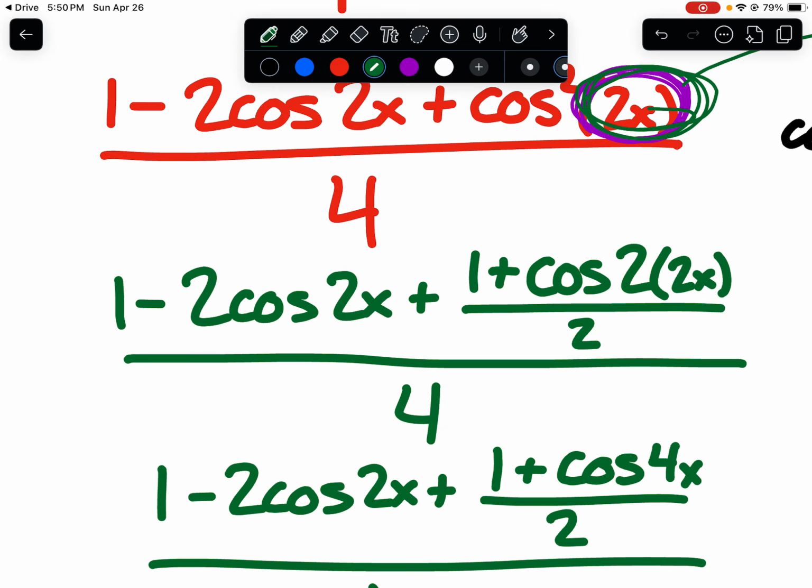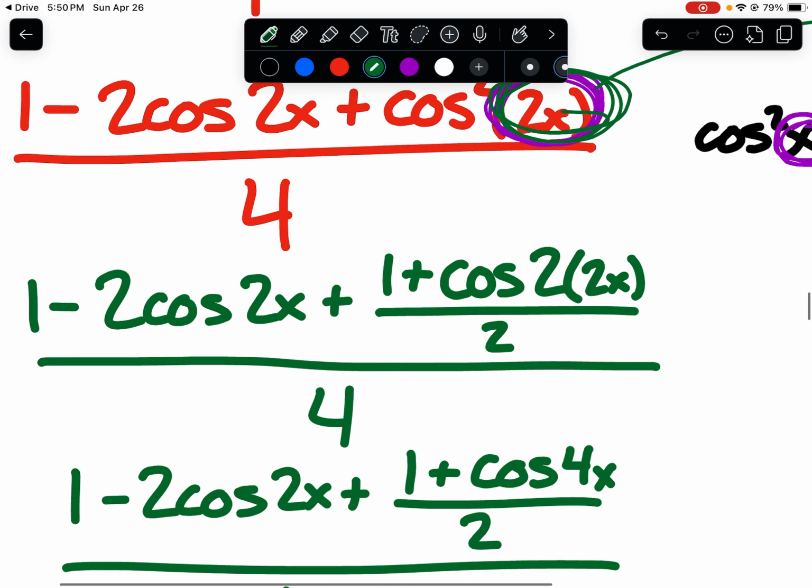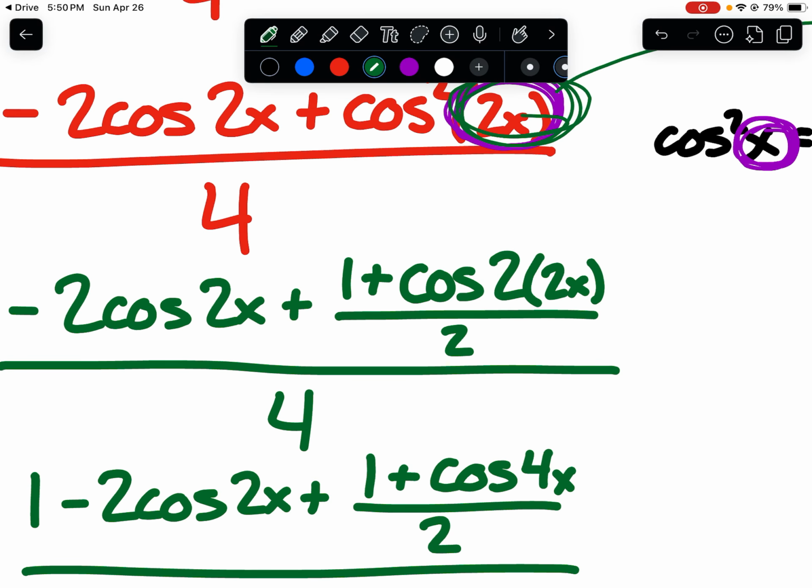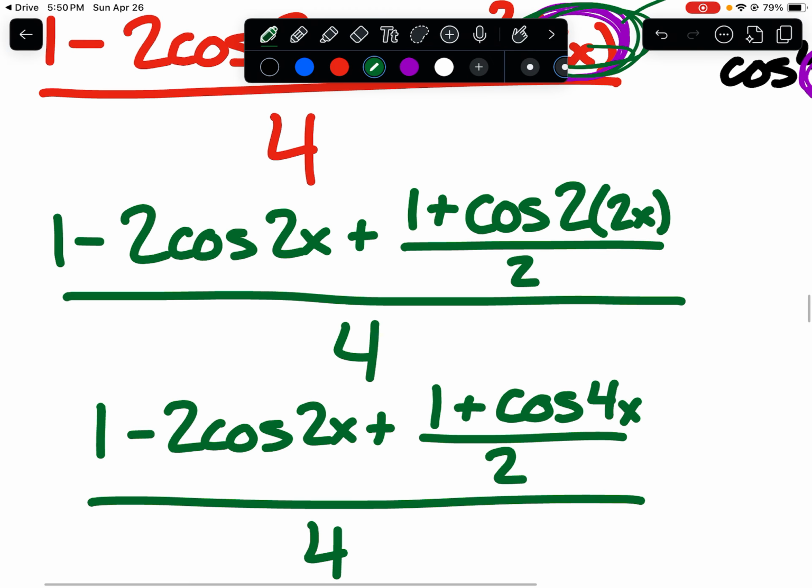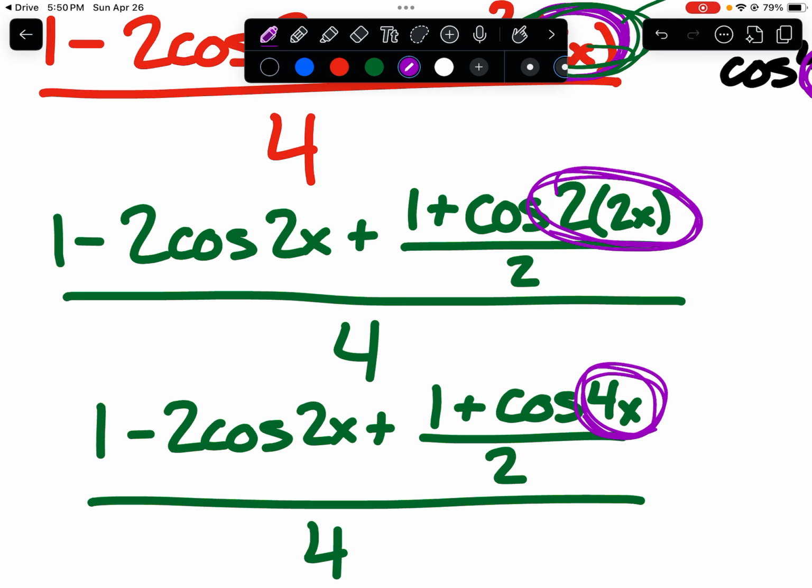So when I do that power reducing formula over here, I've got my 1 minus 2 cosine 2x, we had that previously, but then that cosine squared 2x is going to turn into 1 plus cosine of 2 times 2x over 2, and then that's all over 4 yet. So then that 2 times 2x is ultimately going to turn into a 4x.